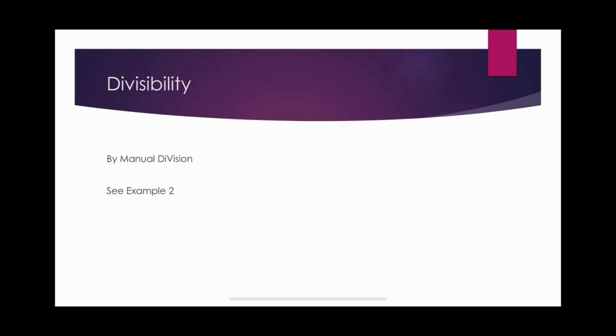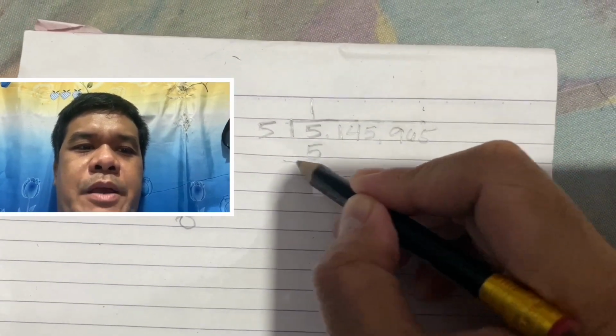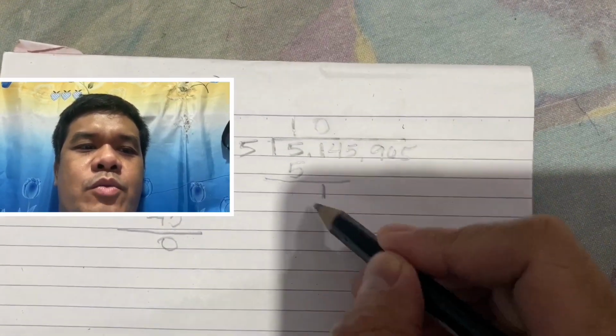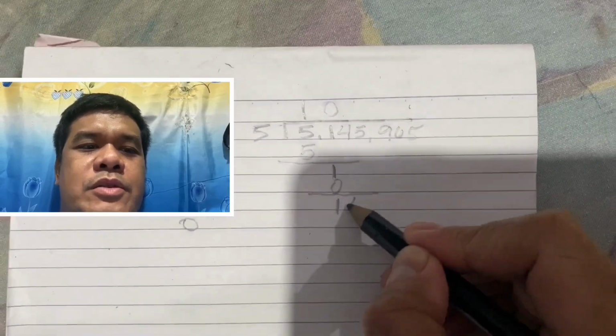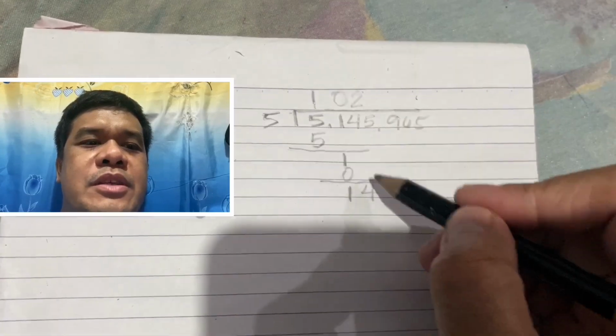Now, let's see example 2. So, 5 divided by 5 is 1. 1 times 5 is 5. So, 5 minus 5 is 0. Bring down 1. So, 1 minus 0 is 1. So, bring down 4. 14 divided by 5 is 2.